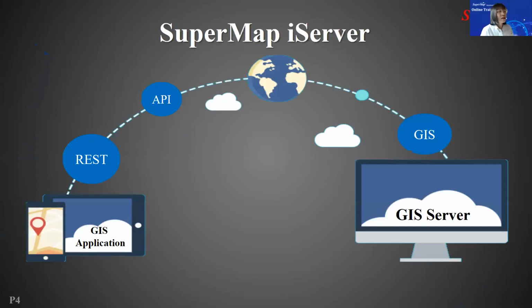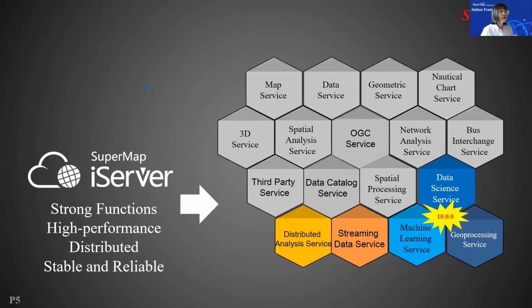So this is the role that GIS servers play within a GIS application. A GIS application can retrieve data sources through REST API from the GIS server, and SuperMap iServer can publish diverse services like basic map services, data services, or geometric services. We can also publish 3D services, spatial analysis services, and other OGC services or network analysis services.